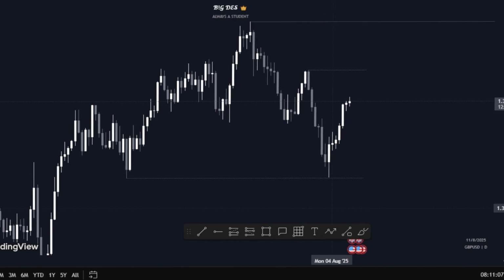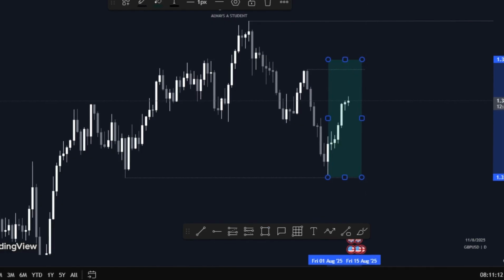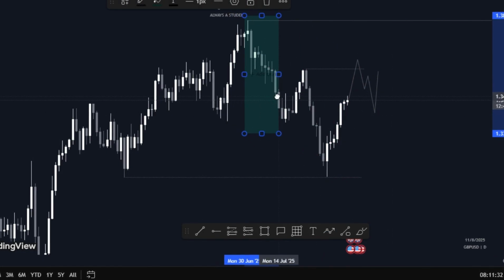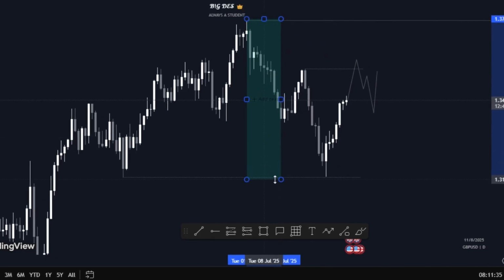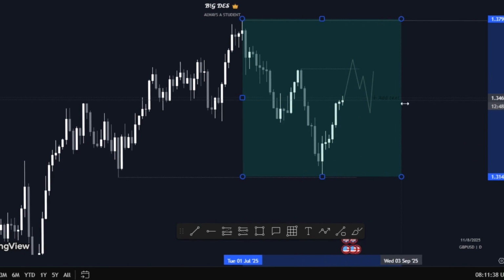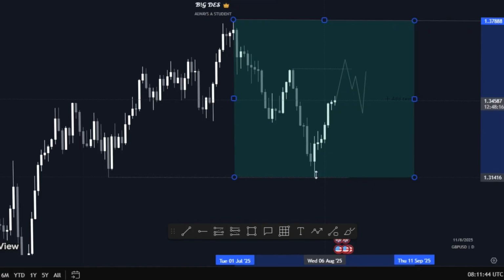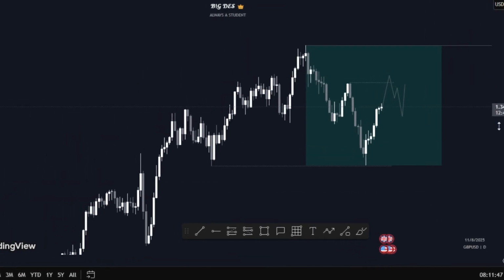Which means all these pullbacks are expected to take out this high over here, and after it's been taken, we continue back to these equal lows, take them out before we continue buying, before the main move. So I think from this high to this low, it's going to be a long journey for us, causing lots of choppiness, except you scalp.